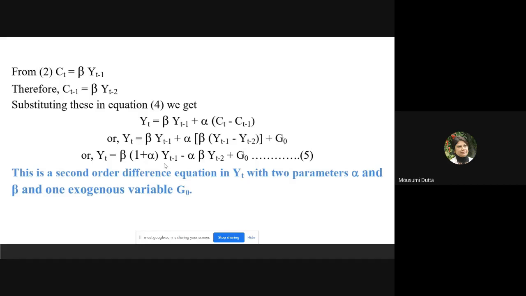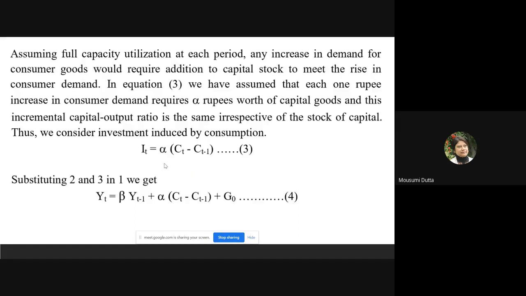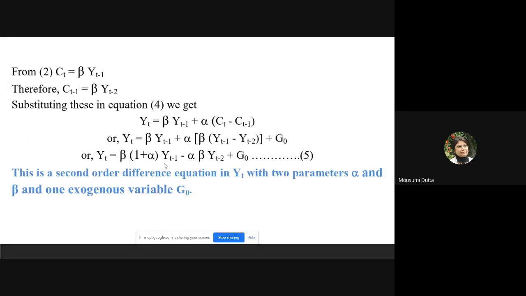Now, from equation number 2, we got Ct is equal to beta Yt minus 1. So in equation 4, we have Ct minus 1 too. Apart from Ct, we have Ct minus 1, so Ct minus 1 is equal to beta Yt minus 2.